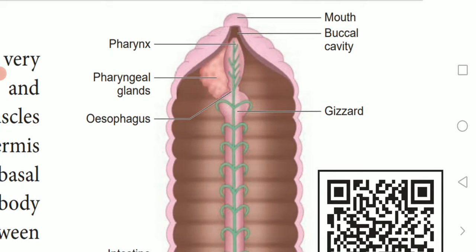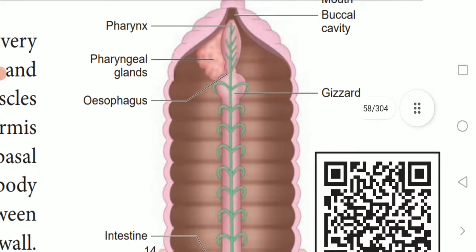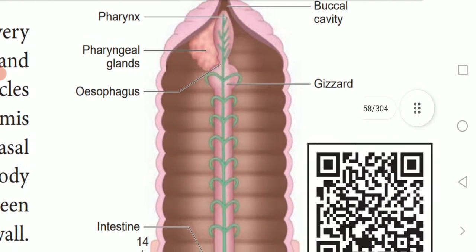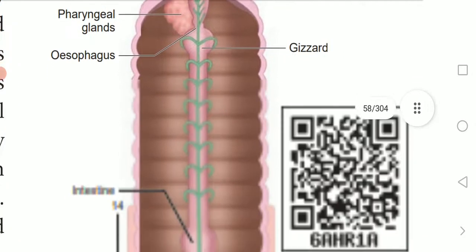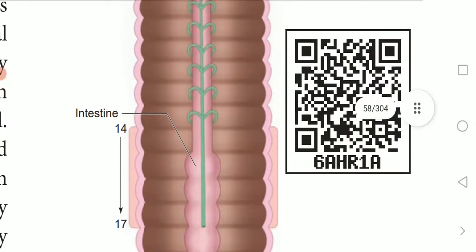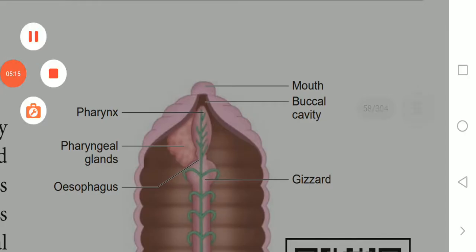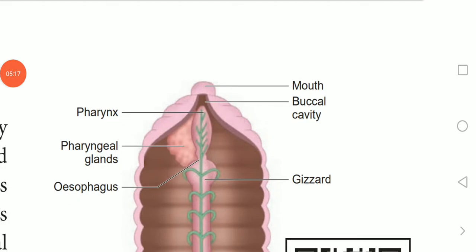Here, the mouth parts are present in the anterior region, then the inner mouth, which we call the buccal cavity, pharynx, pharyngeal glands, esophagus, gizzard, intestine. So these are the parts present in the digestive system of the earthworm.